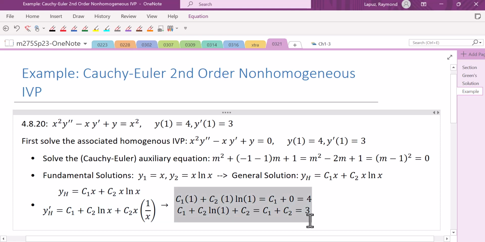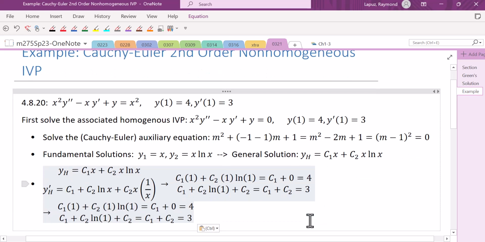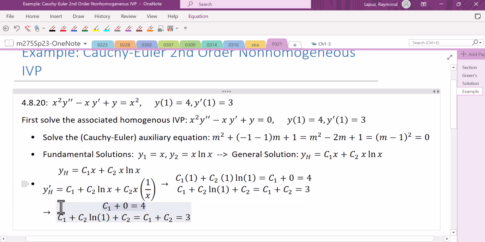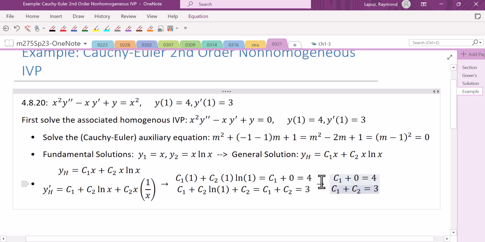All right, what are we eventually going to get? Let's simplify this. Well, c sub 1 is going to be equal to 4.